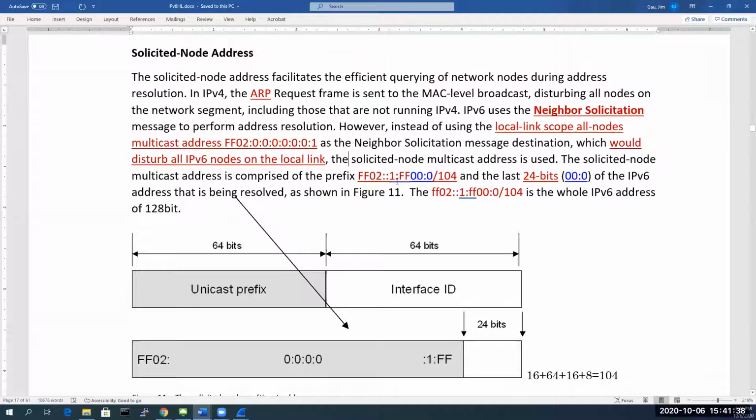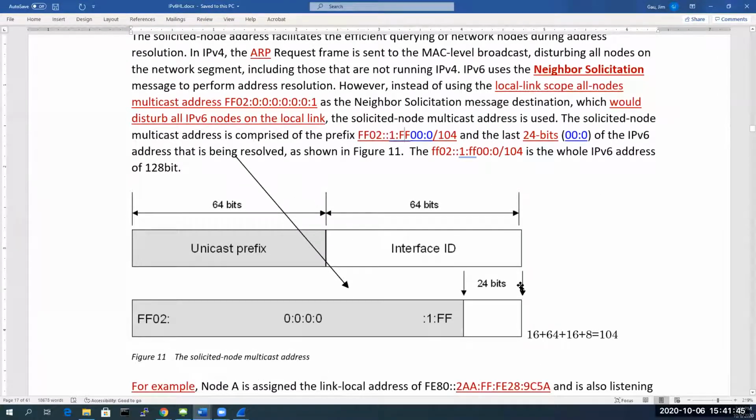So we are going to use that prefix here, and the last byte is going to be FF. That totals 104 bits and leaves the last 24 bits, which will come from your IP address, and you put them there as your multicast address for neighbor solicitation.